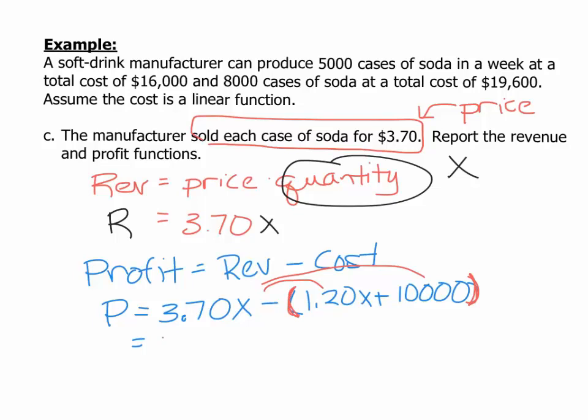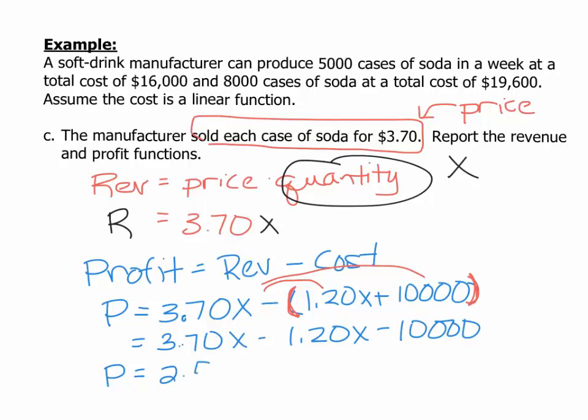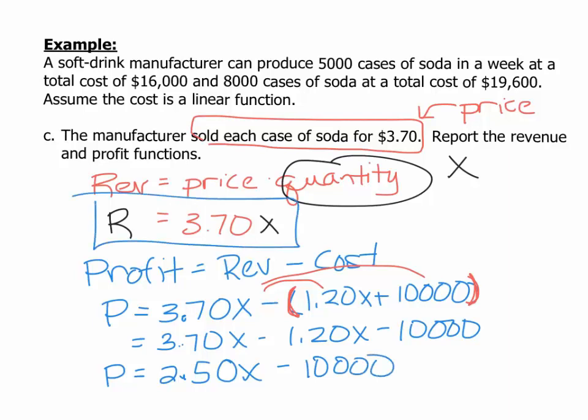Distributing that negative sign, I'm going to have 3.70x minus 1.20x minus 10,000. So my profit function, 3.70 minus 1.20, that's 2.50x minus 10,000. So we've found our revenue function and our profit function.